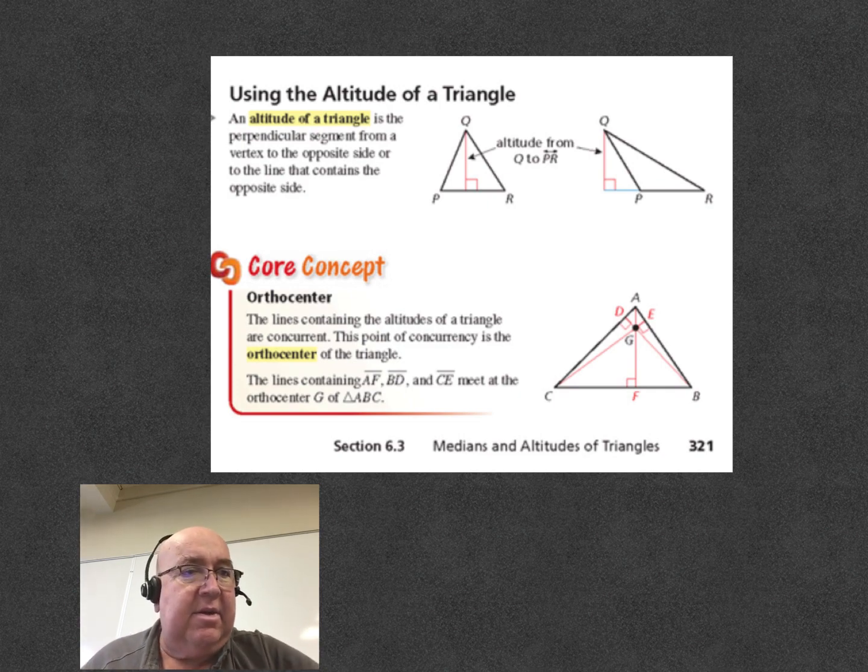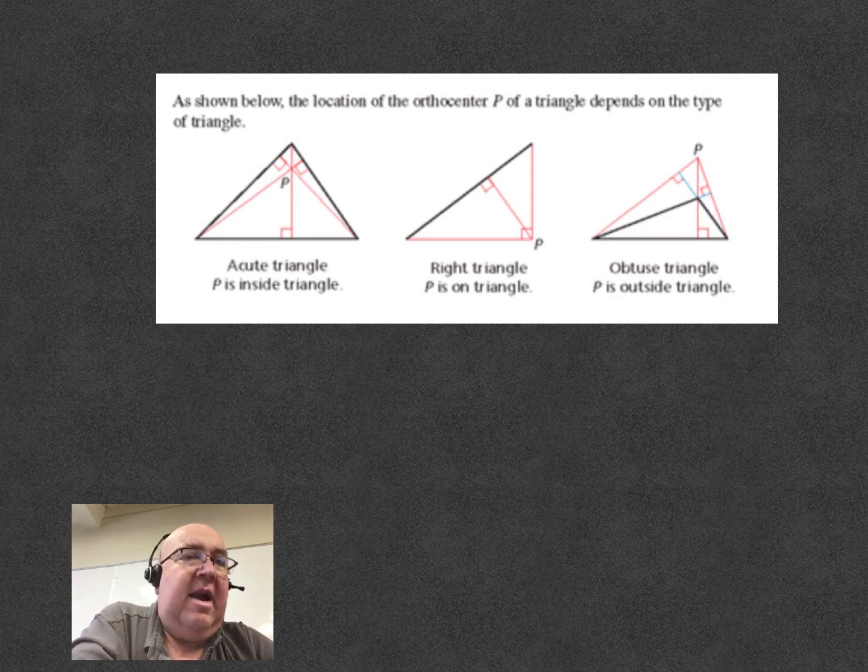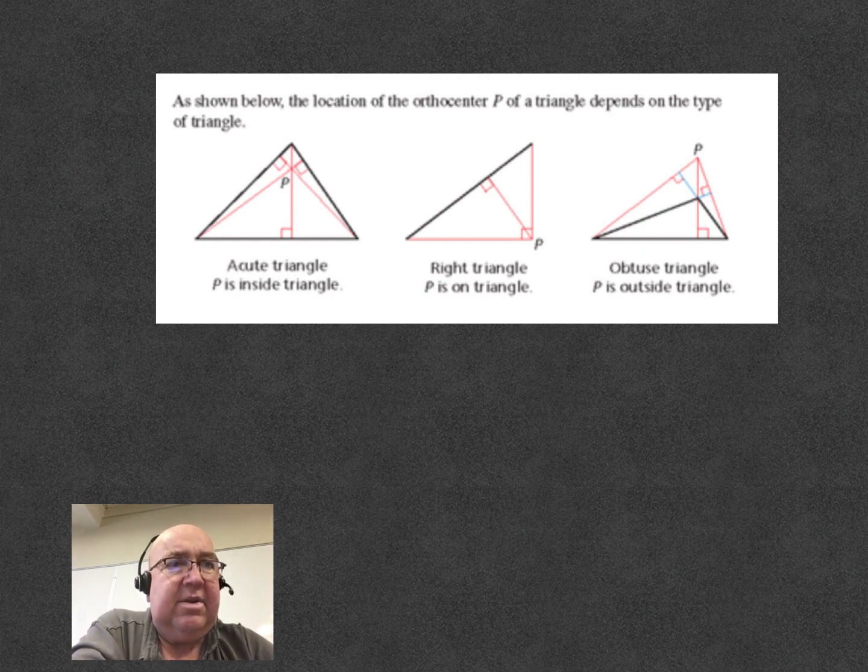If a triangle is acute, meaning that it has no right angle and all the angles are less than 90, the orthocenter will be inside of the triangle. If the triangle is a right triangle, the orthocenter is going to be where the right angle is. And if it's obtuse, the orthocenter is going to be outside of the triangle.